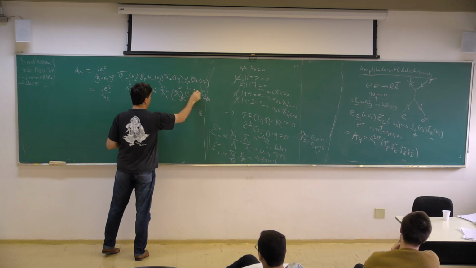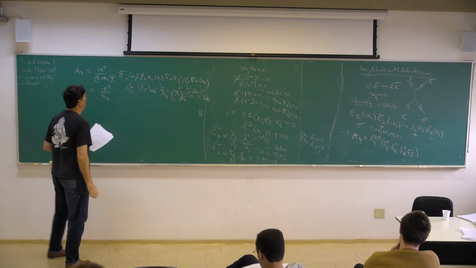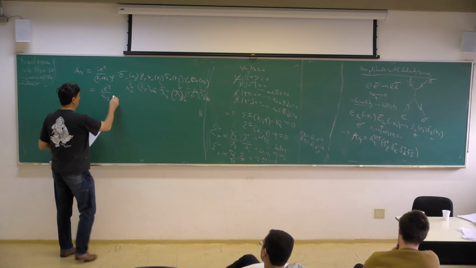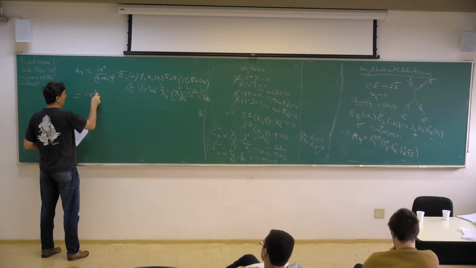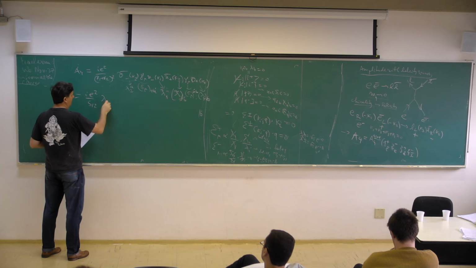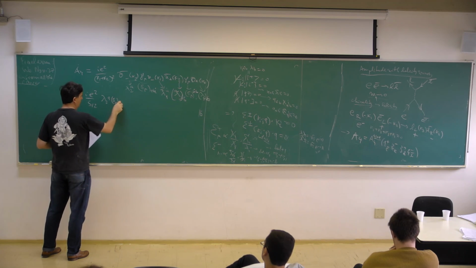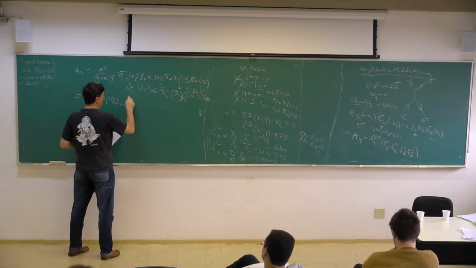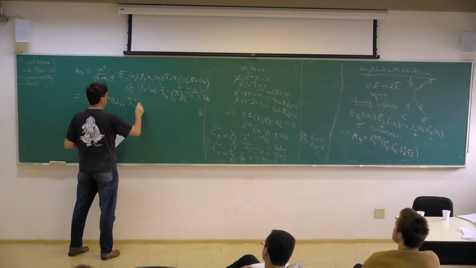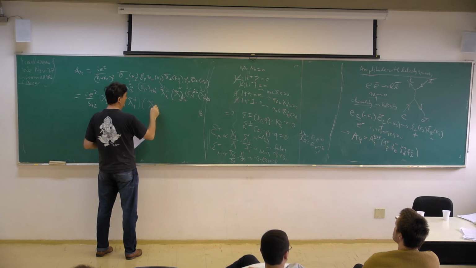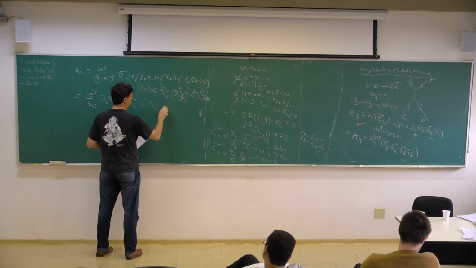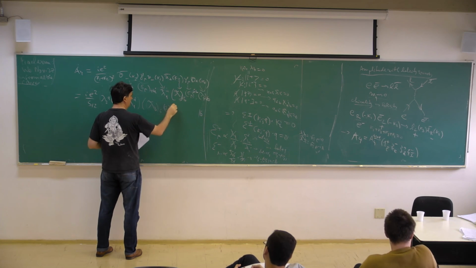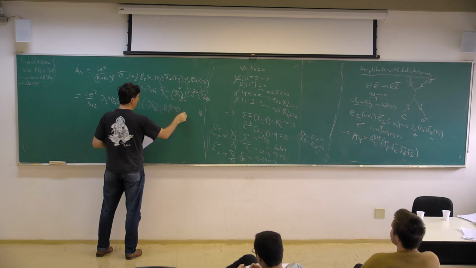Okay, all right, so let me write this again: i e squared over s12, lambda 2A sigma mu A dot lambda tilde 1 A dot, and lambda tilde 3 B dot sigma mu B dot B lambda 4 B.